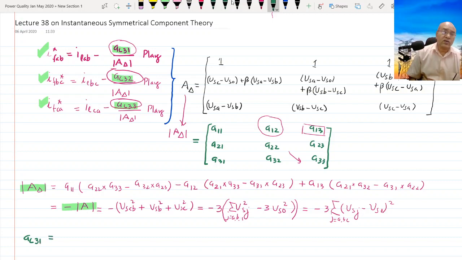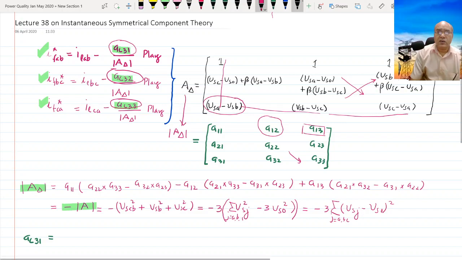This is the cofactor for third row, first column. So I have to take this matrix, delete this row and this column, and multiply this into this minus this into this.